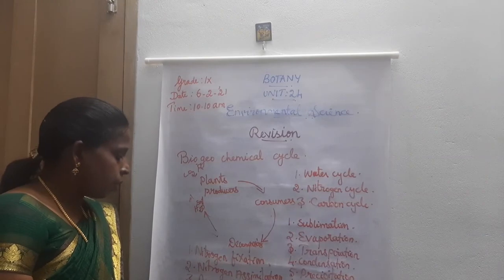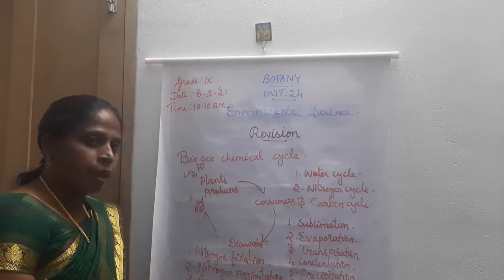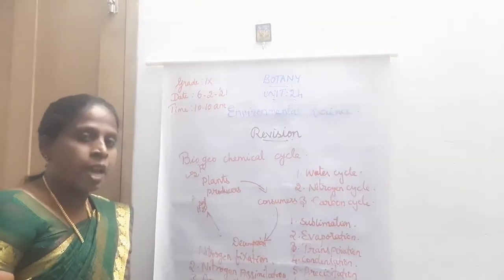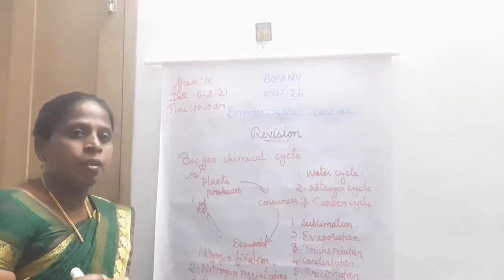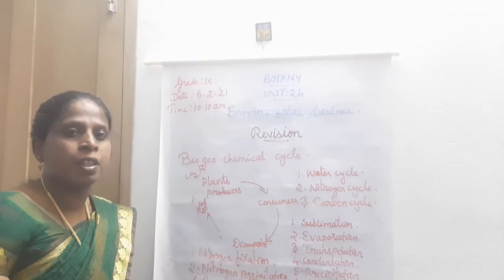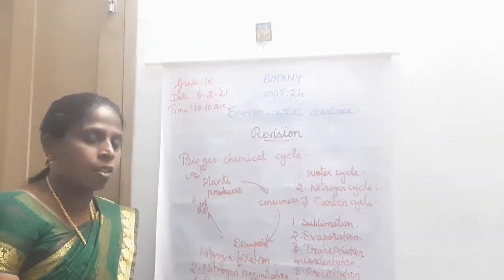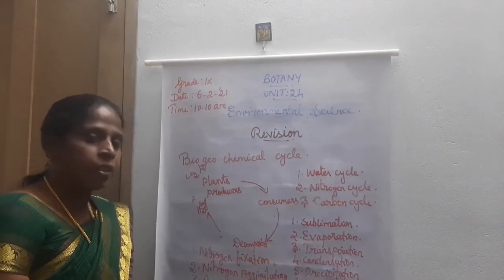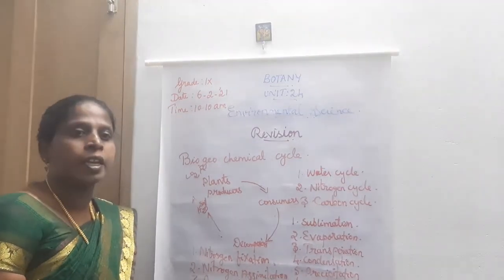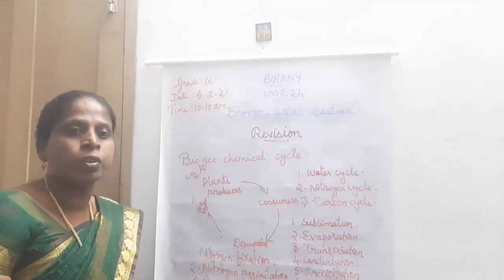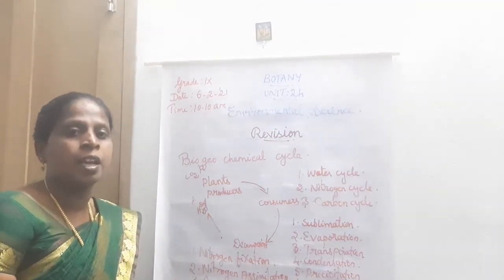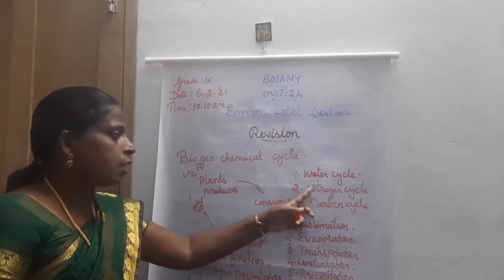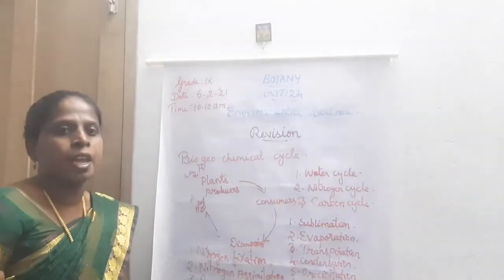Now the soluble nitrates are converted into gaseous nitrogen with the help of the free living soil bacteria, Pseudomonas species, and it is released to the atmosphere. This cycle is called the nitrogen cycle.